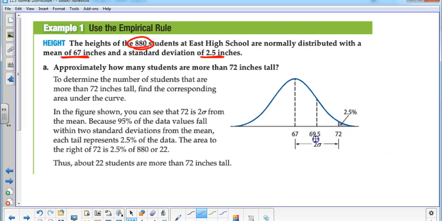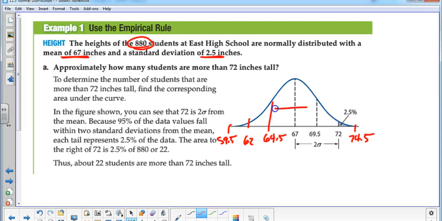So they added 2.5, got 69.5, added another 2.5, got to 72, add another 2.5, and we'd be at 74.5. If we subtracted 2.5, we'd be at 64.5, if I'm doing this right, 62, and 59.5, if I did that right, okay? How many students are more than 72 inches tall?